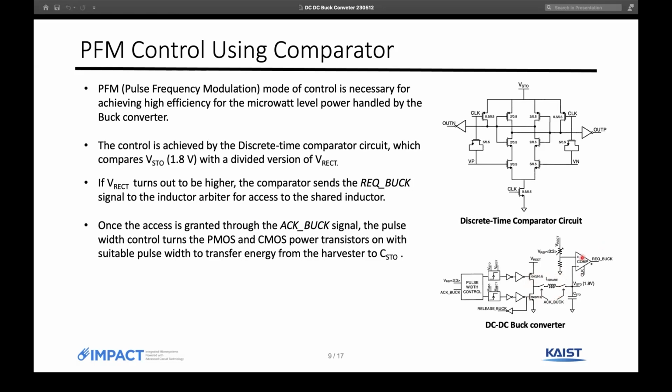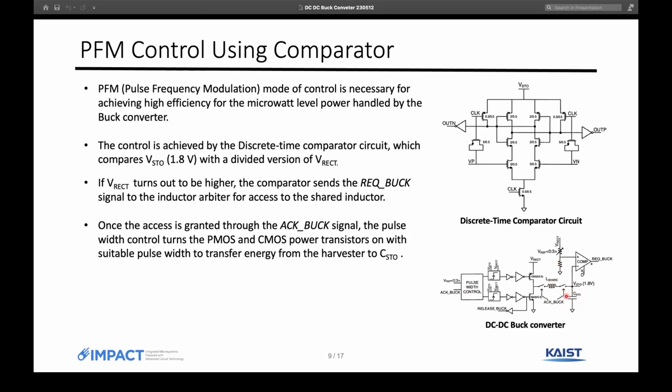If access is granted through the ACK signal that we can see here, then the pulse width control turns the PMOS and NMOS power transistors on with a suitable pulse to transfer energy from the harvester to CSTO.